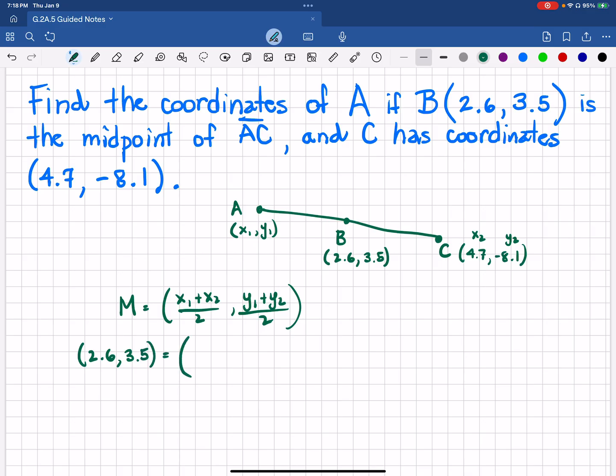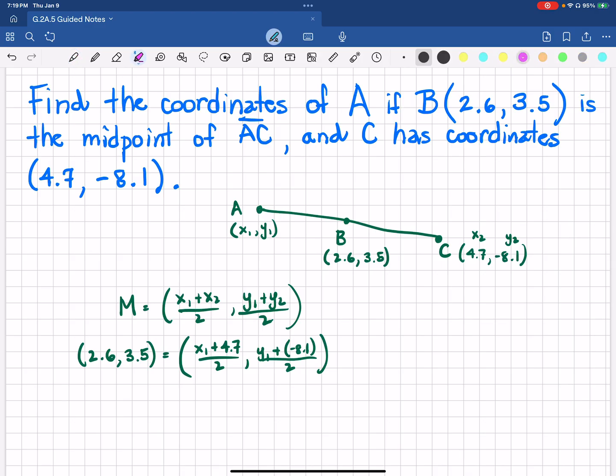And that's going to be equal to, we don't know what x1 is, so I'm leaving that as my variable. I'm going to add it to x2, which is 4.7. I'm going to divide it by 2. I'm going to do my y's. I have y1. I'm going to add it to my y2, which is negative 8.1. And I'm going to divide that by 2.